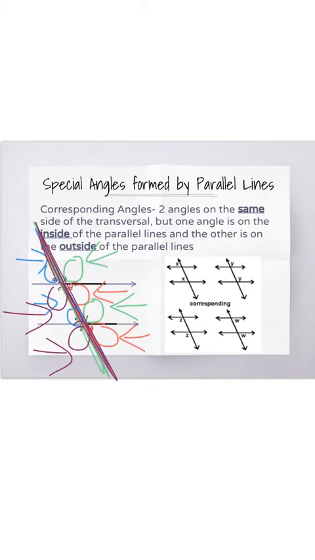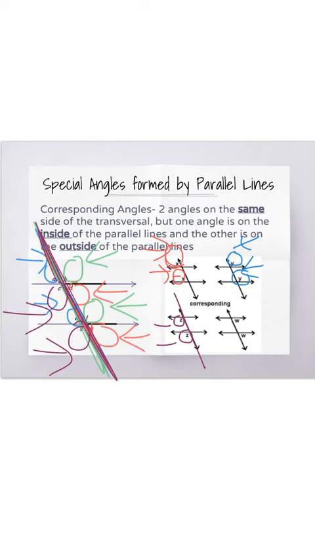You have X is on the same side as the transversal, but one is inside the parallel and one is outside the parallel. Then you have Y, same side, one is inside the parallel lines, one is outside. You have Z, same side of the transversal, one is inside, one is outside.